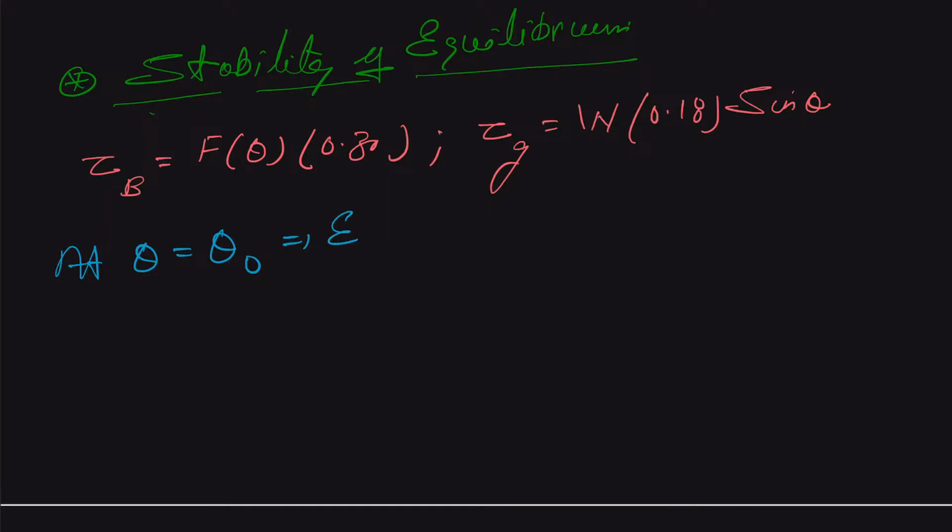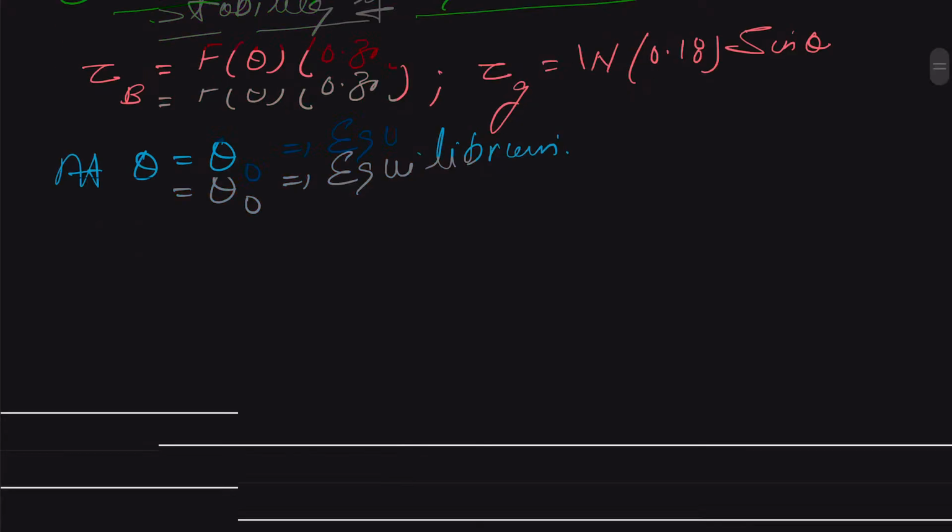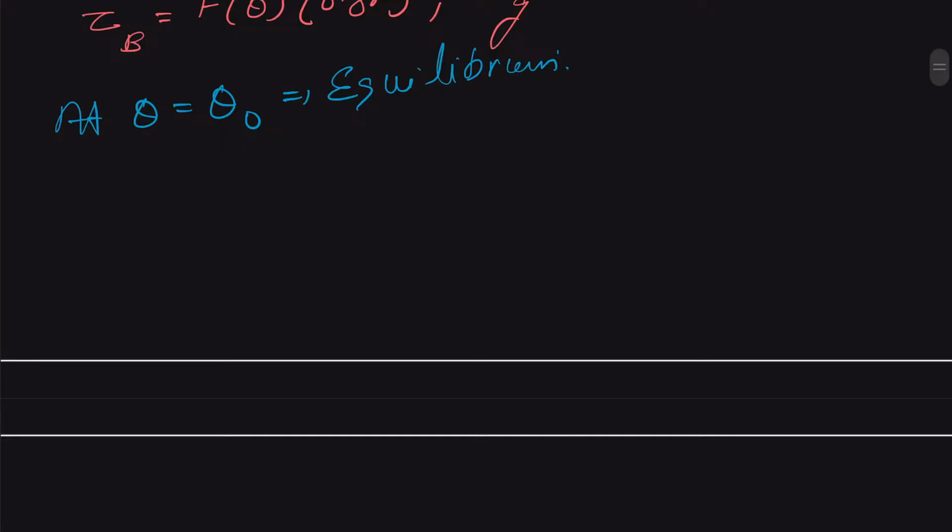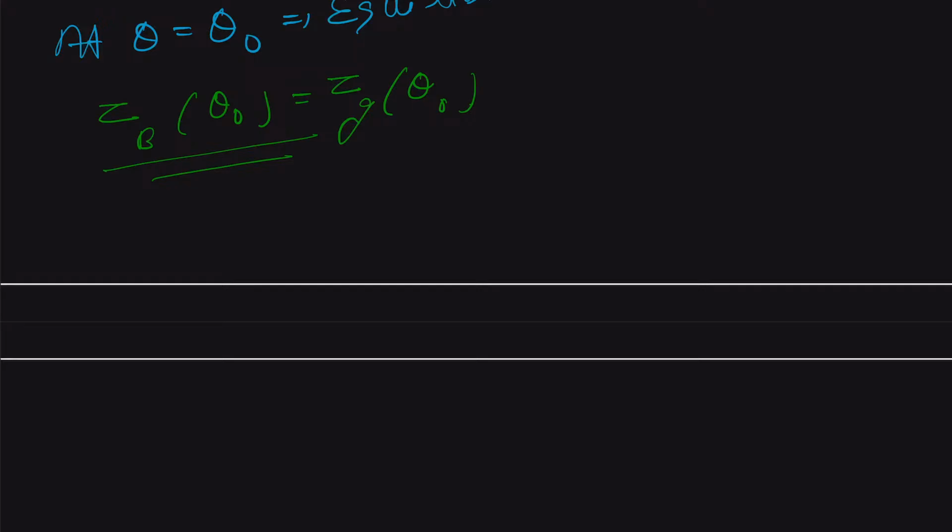Okay, so this is the condition for our equilibrium. Therefore, we can write that the magnetic torque at the angle theta naught should be equal to the torque because of the weight at the angle theta naught. This is our condition of equilibrium. And let us assume an angle theta which is slightly greater than theta naught.